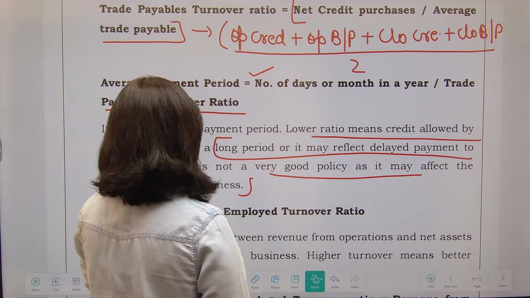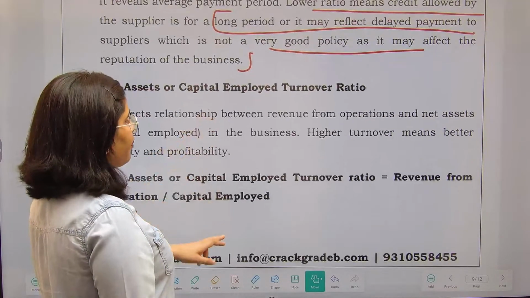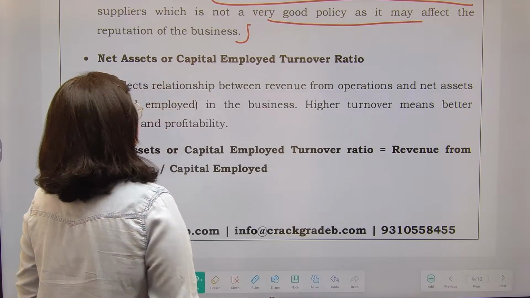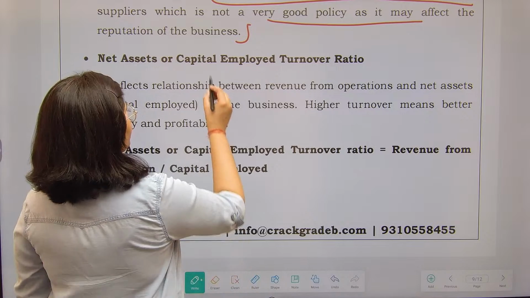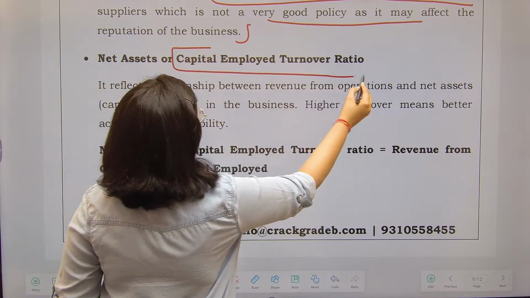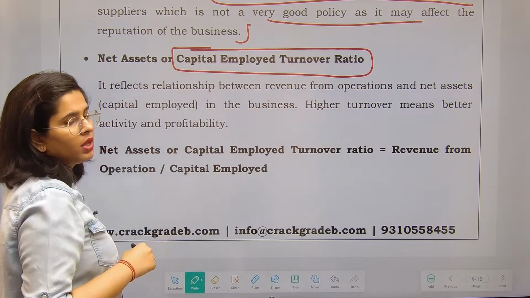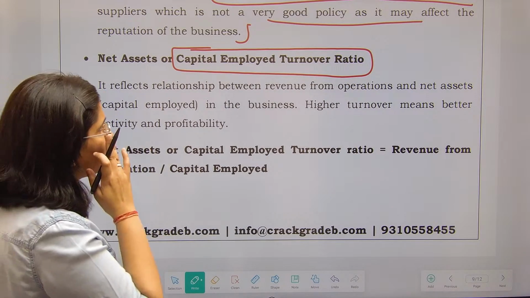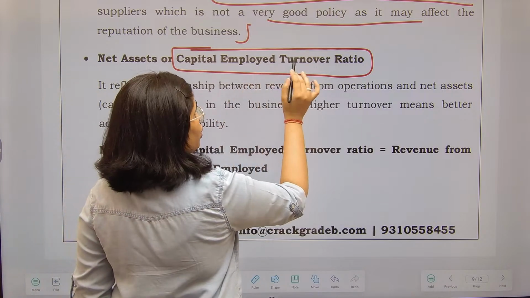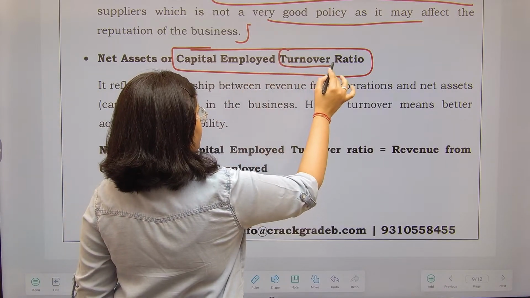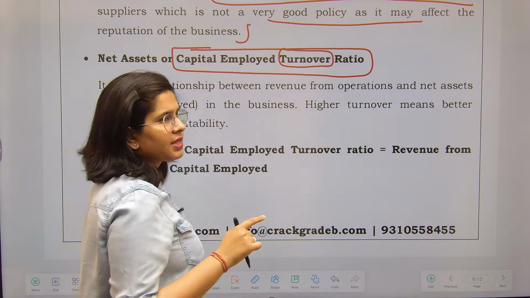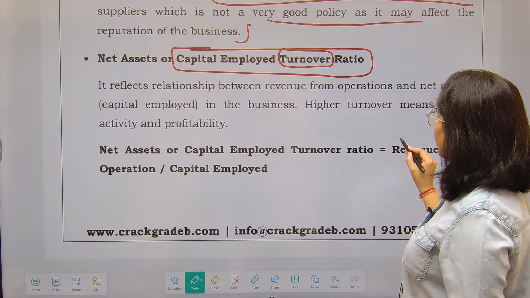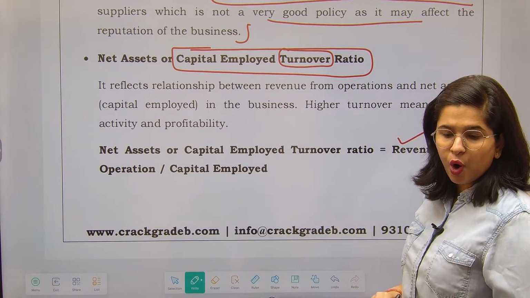Now next we have the net assets or capital employed turnover ratio. Normally the question comes in the form of capital employed turnover ratio. I'll tell you, in most cases wherever turnover comes, apart from trade receivables as well as trade payables, turnover means in the numerator you have to keep the revenue from operations.